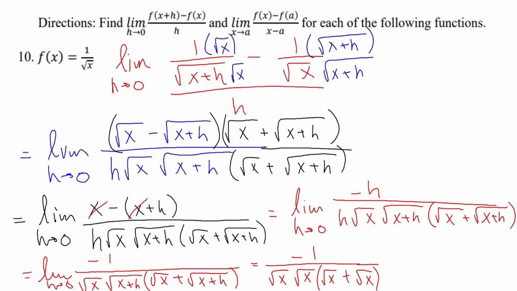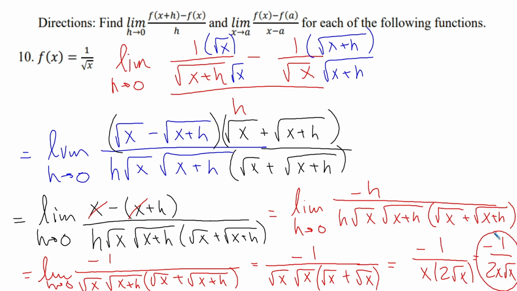Well, root x times root x is just x. So that's negative 1 over x. And root x plus root x is 2 root x. And so we would normally write this as negative 1 over 2x root x, right, as a final answer.